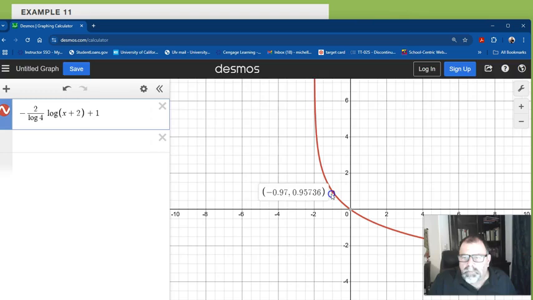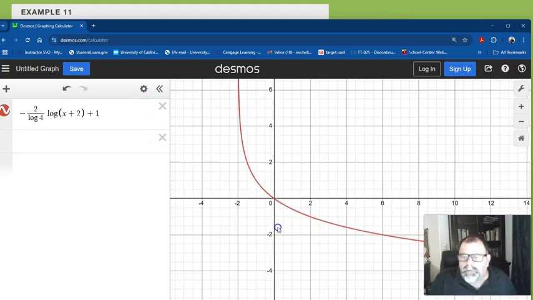We used negative 1, 1, and then 2, negative 1, so we plugged in those points. And then you can see there's 6, negative 2, or somewhere close to it.